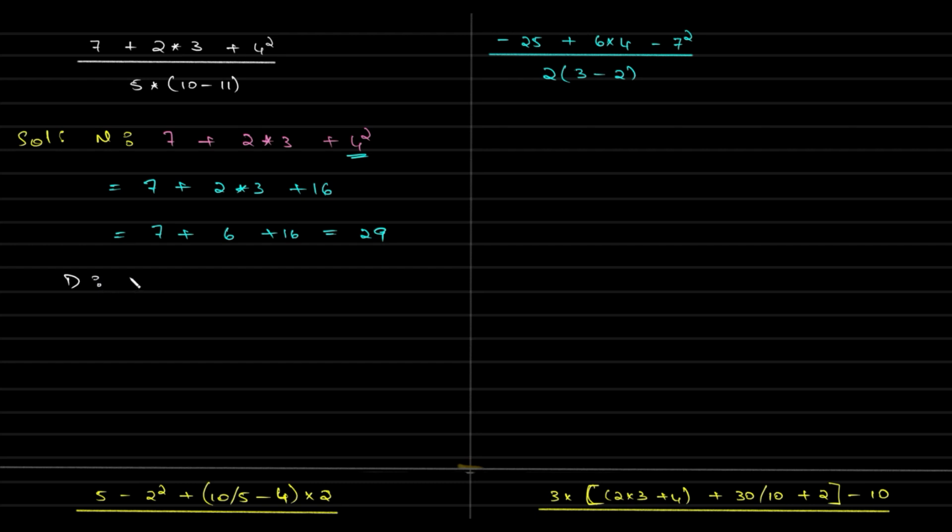So denominator has a simple bracket, 5 into -1 and then the multiplication of -5. So basically we have the numerator by denominator as 29 by -5, but we can't write a fraction wherein the denominator is negative. So I'll rewrite this as -29 by 5 and that is your answer.